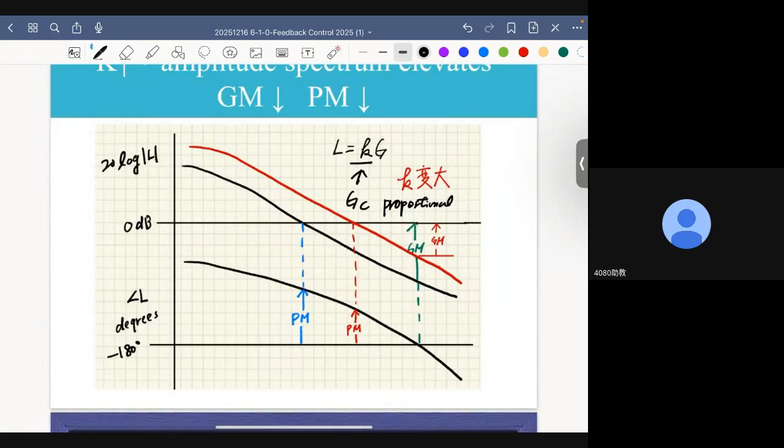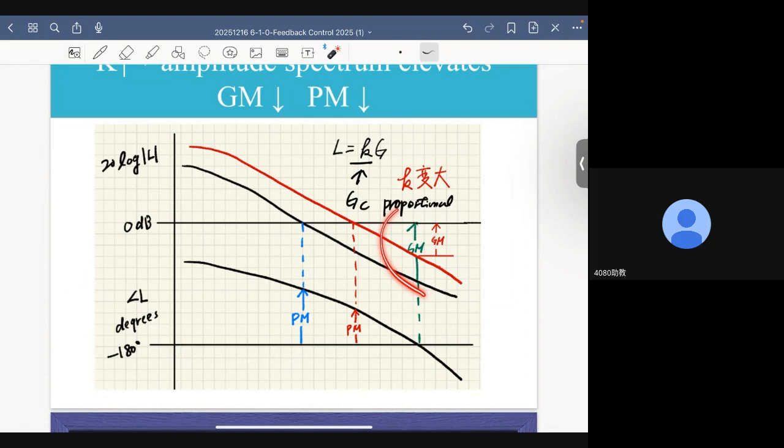Now, for the sake of discussion, let's just assume originally K is equal to 1. And this is the magnitude plot. This is its phase plot, okay? When K equals 1, based on the definition of phase margin and gain margin, the first thing I need to do is locate the gain crossover frequency and then go down to the phase plot to see what the phase angle is and how far away this angle is from minus 180 degrees. And such a margin is what we call phase margin.